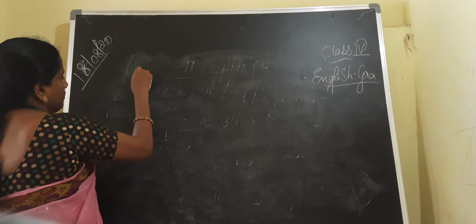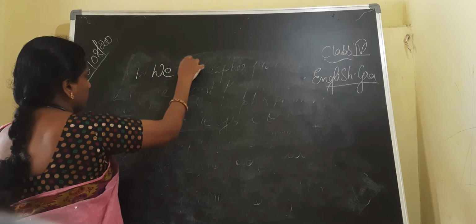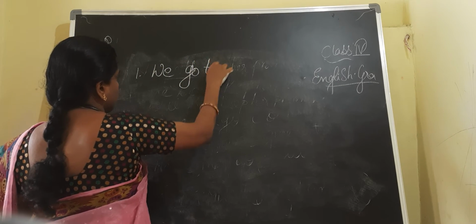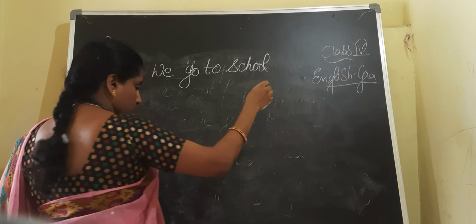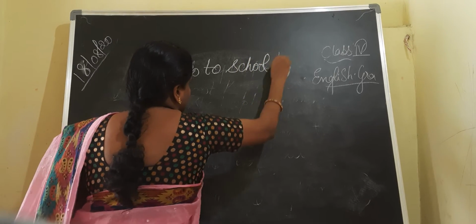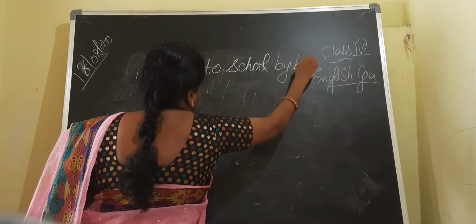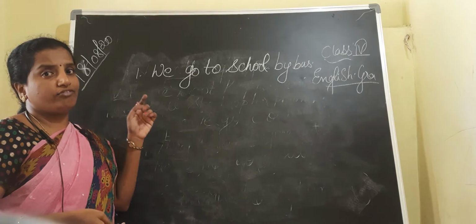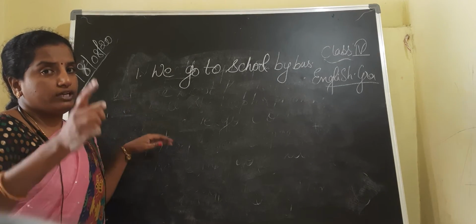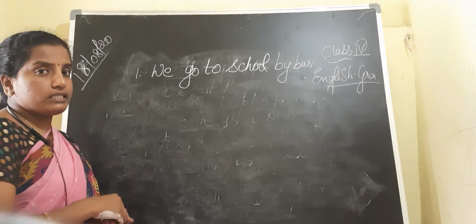First one. We go to school by bus. Now this is a statement. If you observe the statement carefully, children, you can't find any helping verb. There is only one verb, that is go.